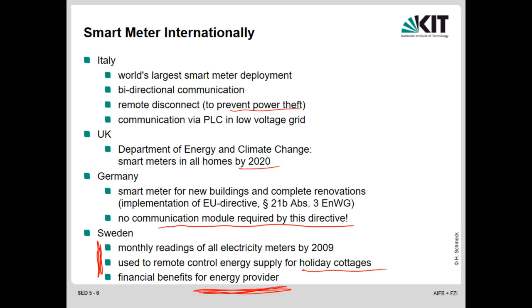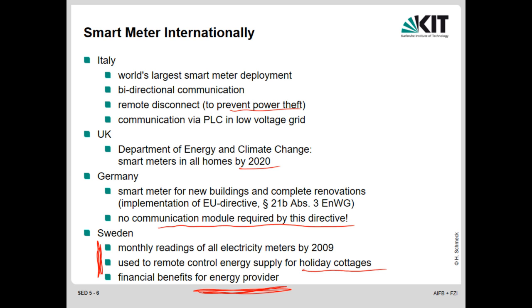We had a visit from people from Sweden and Finland looking at our energy system, and when we talked about smart meters, they said, well, in Germany we are so concerned about the privacy issues because we don't want to send all our data about our smart meter profile to the utility company or the distribution system operator.